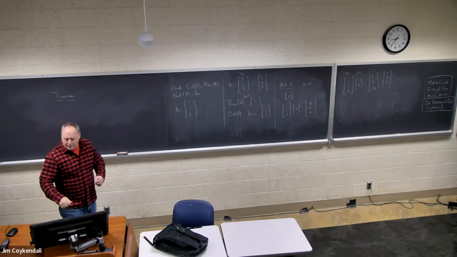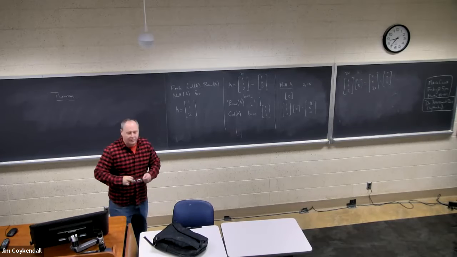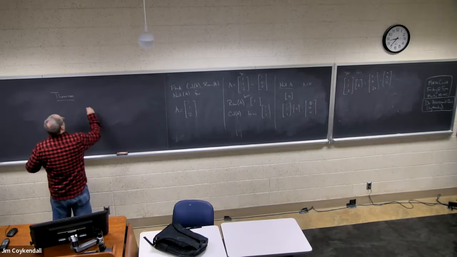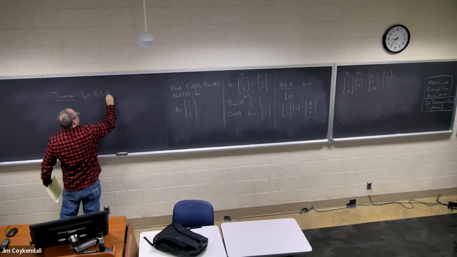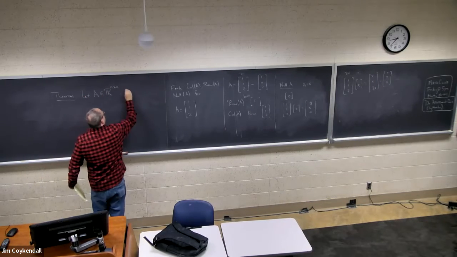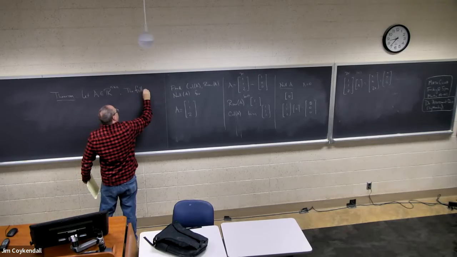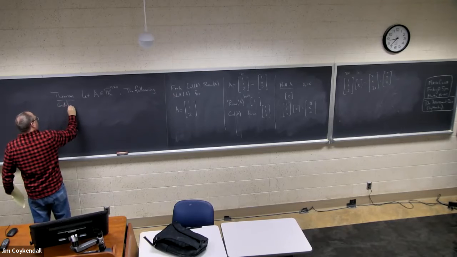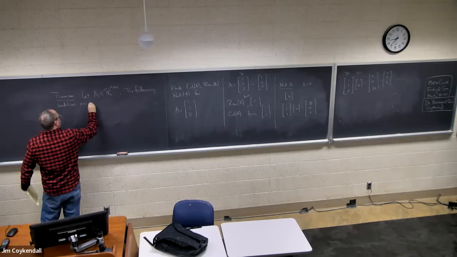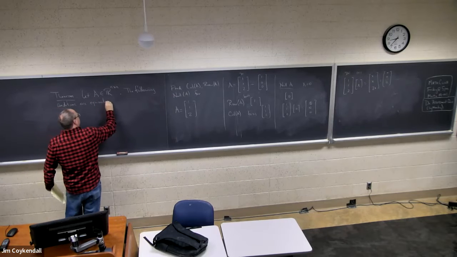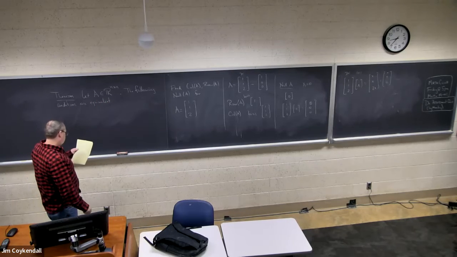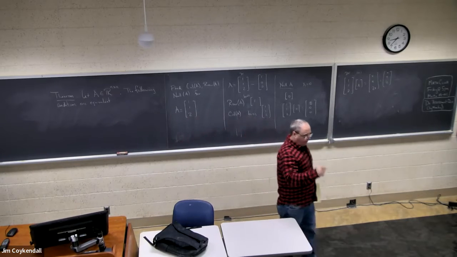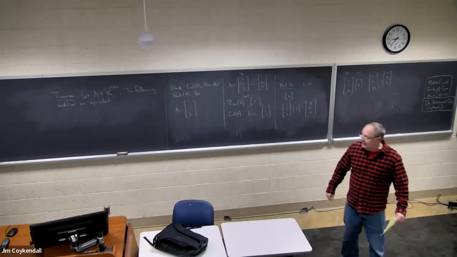Okay, I'm going to go back to invertible matrices again and tack on some other stuff because of what we've learned here. Noticing this theorem again, I am assuming that the matrix is square.